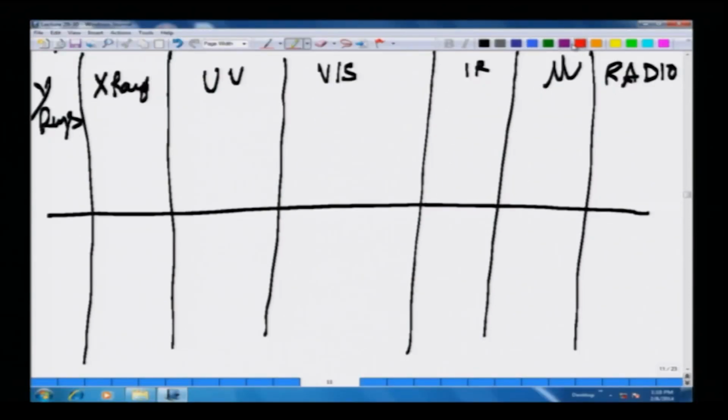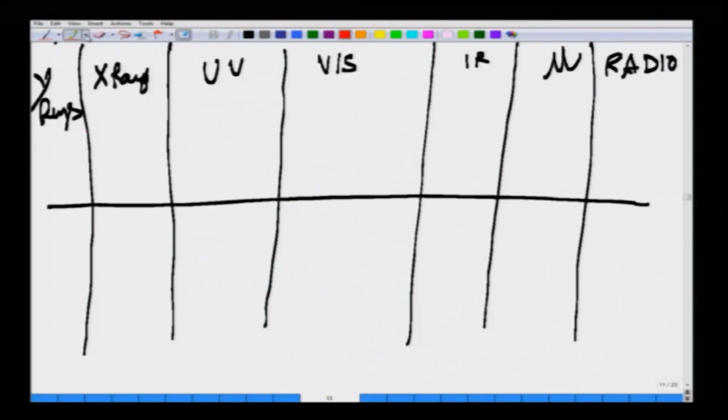Let me draw the values again. So the visible spectrum is 380 nanometer to 750 nanometer. In the IR spectrum, you have more than 1 millimeter.